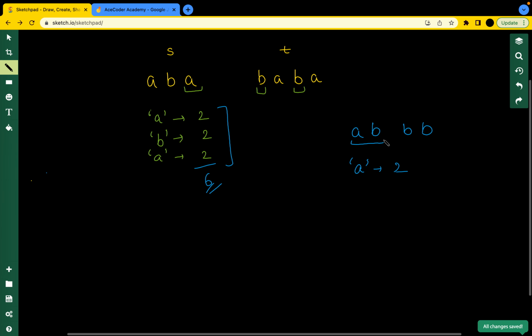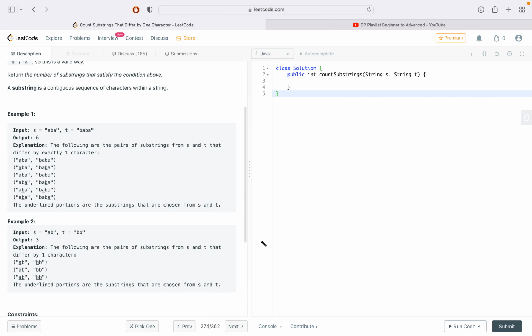Now if I take these two together, there is this string that differs by a single character, which is this B and this A. So if I take A and B, then only one way is possible. So this total contributes to 3. So this is our answer.